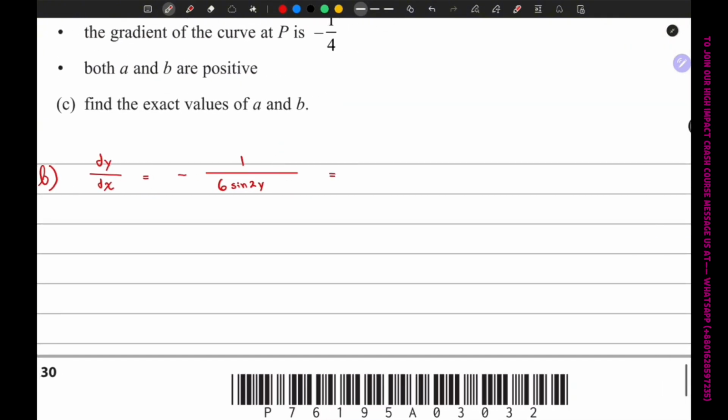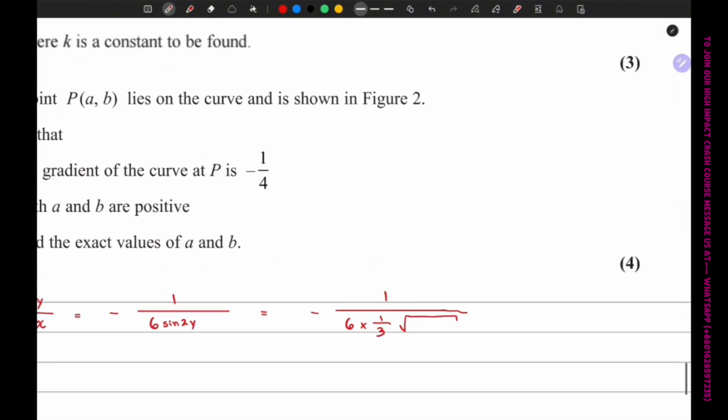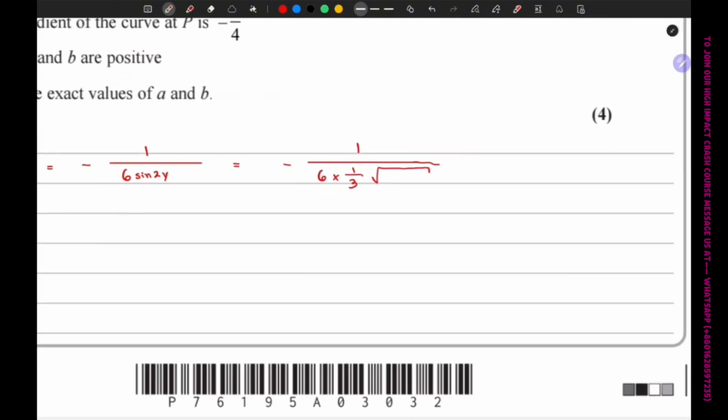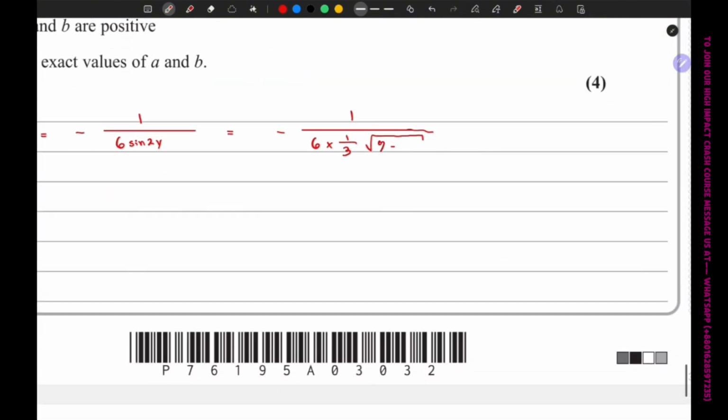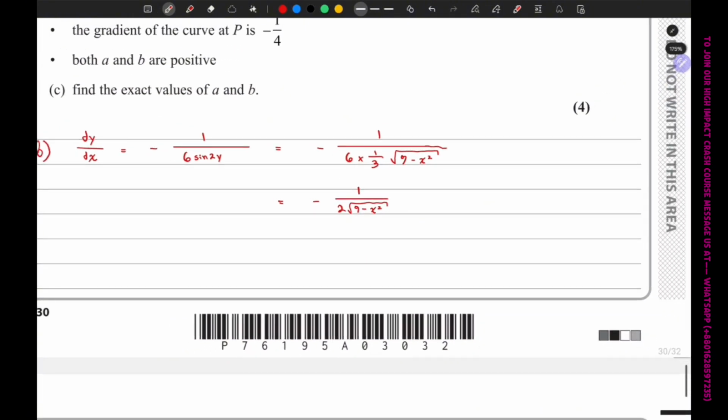So we can replace sine 2y with 6 times 1 over 3 root over 9 minus x squared. So this gives us a value of negative 1 over 2 root over 9 minus x squared. So this is the answer for this part.